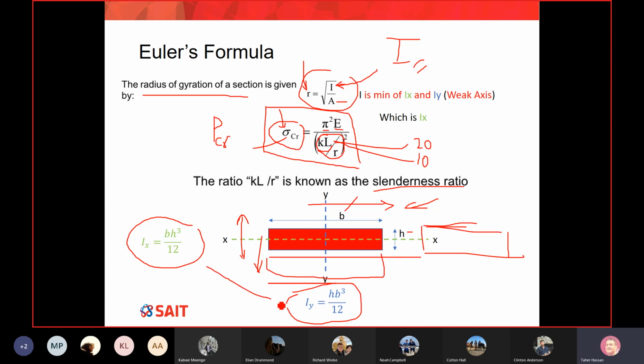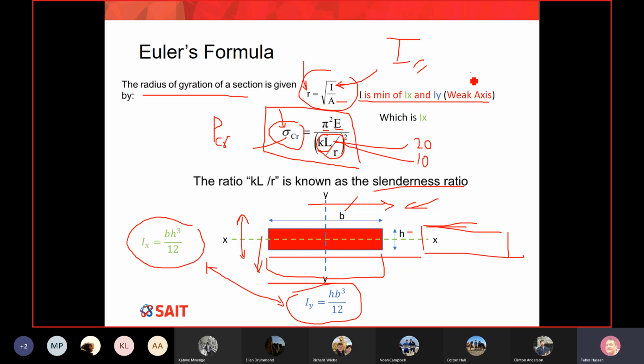I'm asking you, which one will be larger? Is Ix larger or Iy larger? Iy, for sure, because you can see here we take the b to the power of cube, so Iy is larger. So all I was trying to say is that I is the minimum of Ix and Iy.